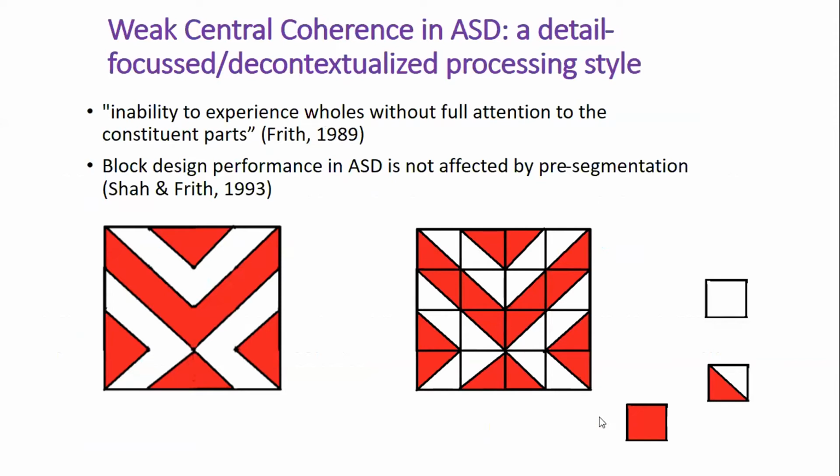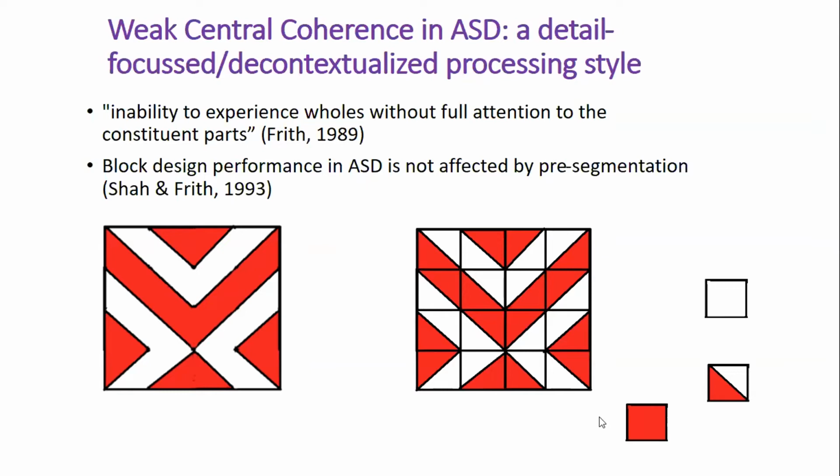Okay, so now a little bit about autistic cognition. So the weak central coherence theory was quite a dominant theory of autistic cognition, starting, I think, in 1981 was the first time when it was proposed, and then it was developed and had different versions, but it was still quite dominant in the early 2000s.